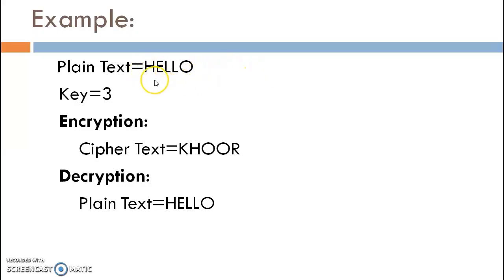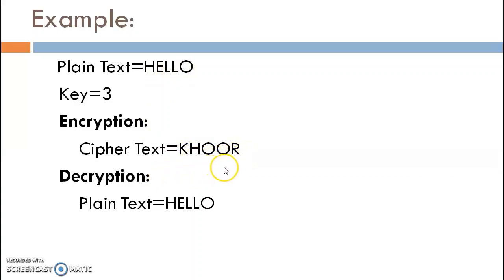The numeric value of H is 7, plus 3 modulo 26 equals 10. The corresponding ciphertext letter at position 10 is K. In the same way for the other characters, E plus key modulo 26 gives H and so on. So the plain text HELLO is converted to the ciphertext KHOOR.